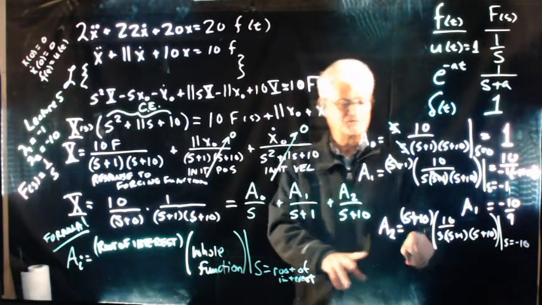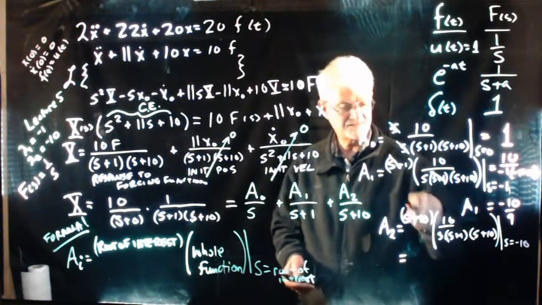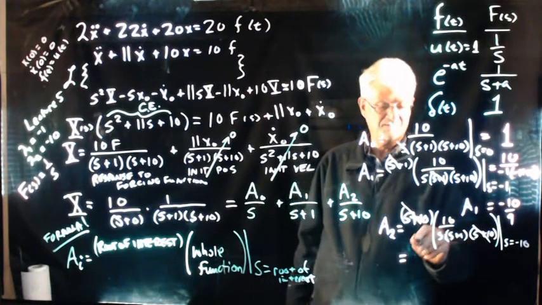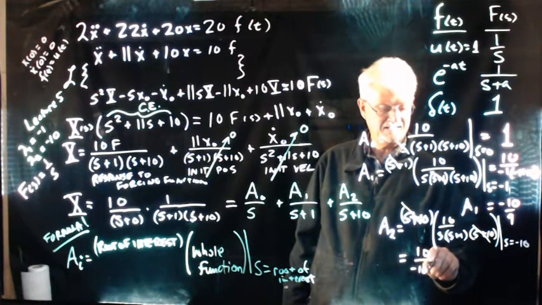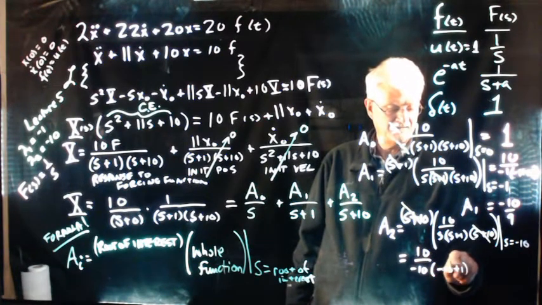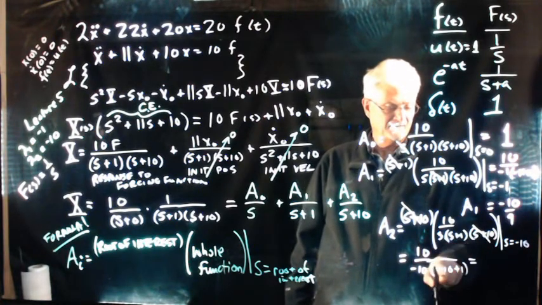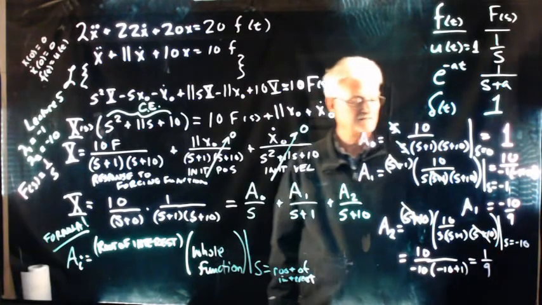This time I have a little bit more room down here. The good news is let's cancel those things out, because we don't want to divide by 0. That's going to be 10 over minus 10 times minus 10 plus 1. So 10 over minus 10 is minus 1, and minus 10 plus 1 is minus 9, so that's going to be 1/9.